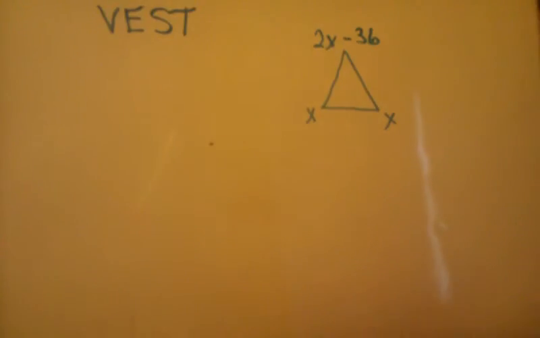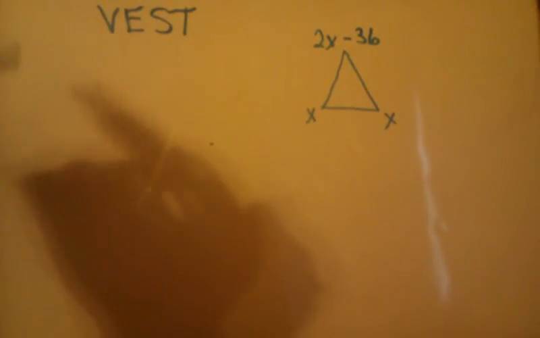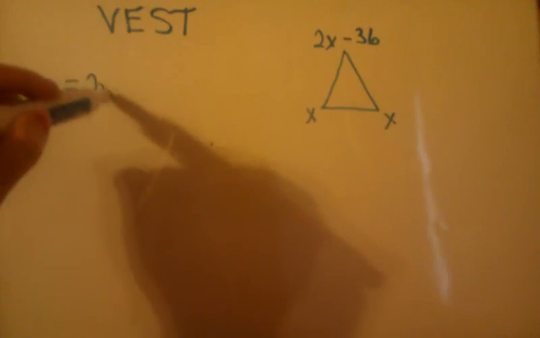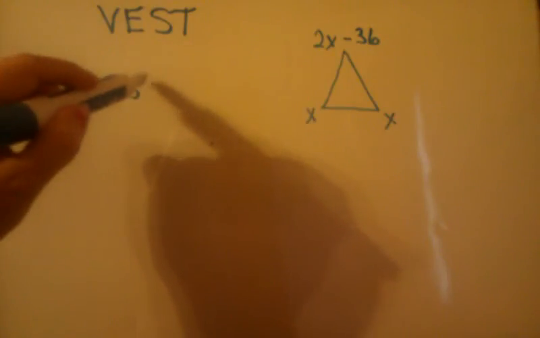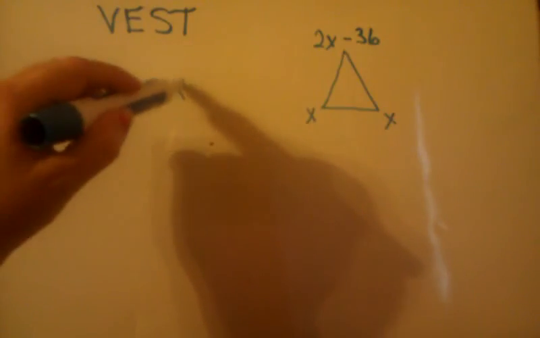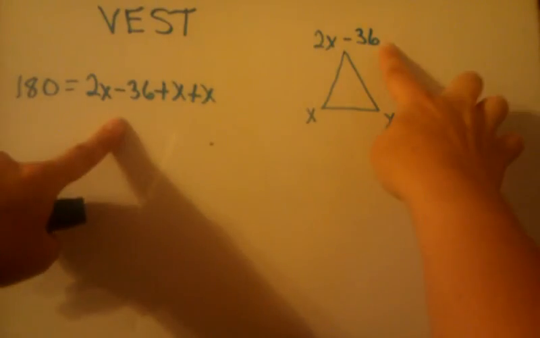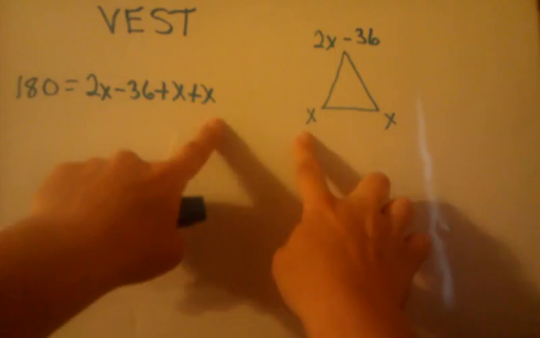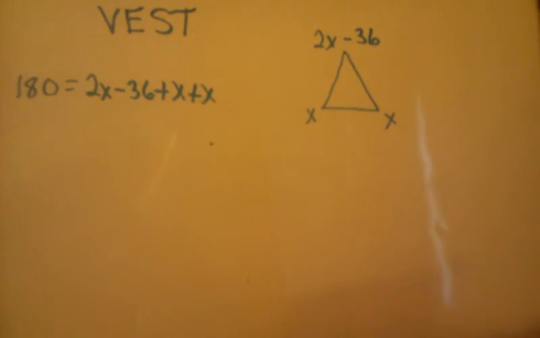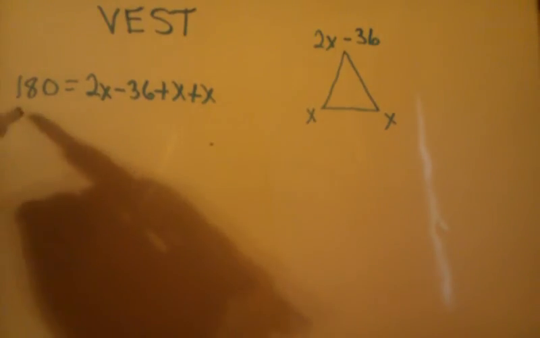You need to learn that. So we have 180 equals, and I just add those three together, 2X minus 36 plus x plus x. Okay? Now all I have to do is solve it.